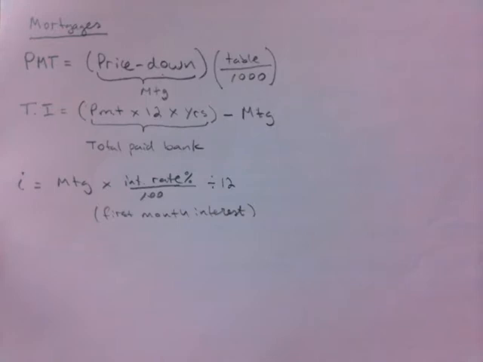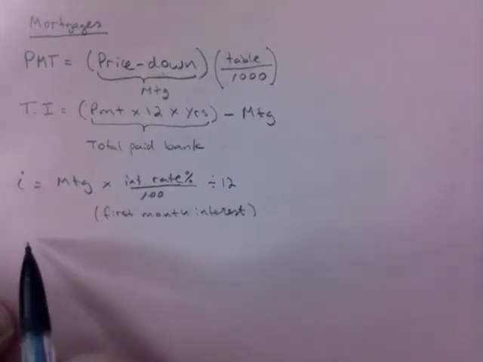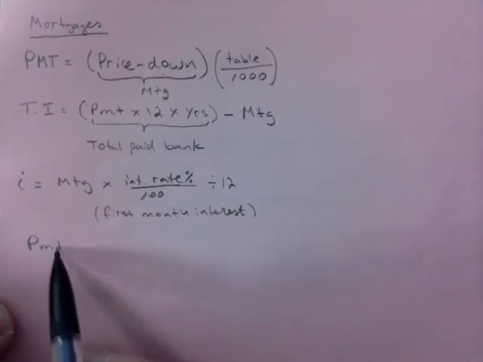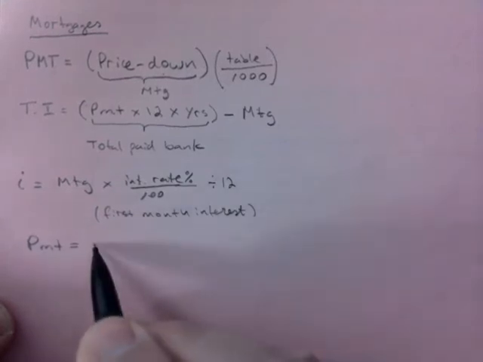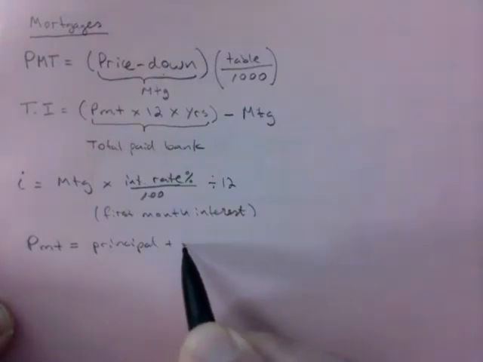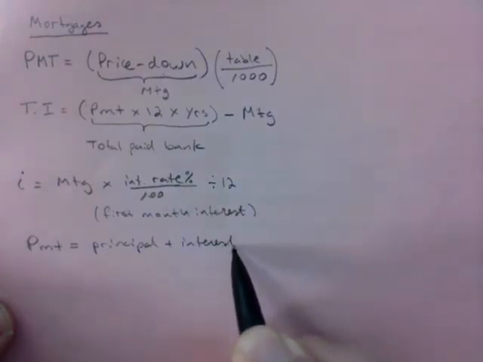This is pretty much all you need for mortgages. And then knowing that a payment is always equal to the principal plus the interest, and this is the lowercase interest we're talking about.